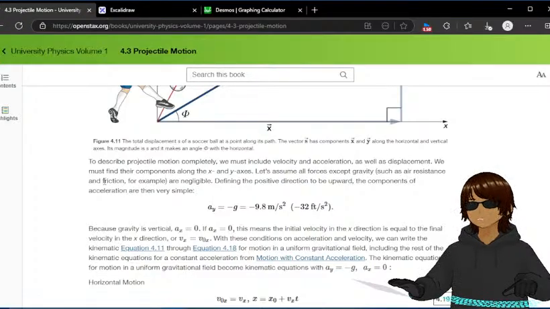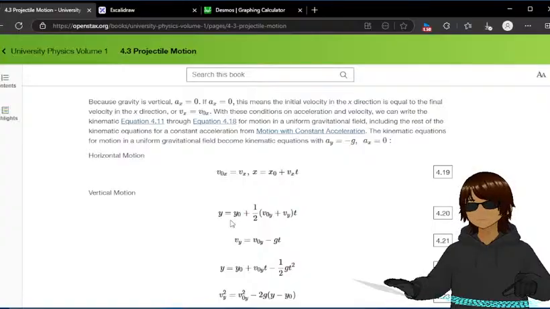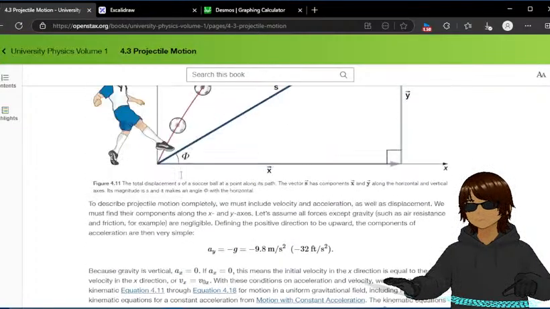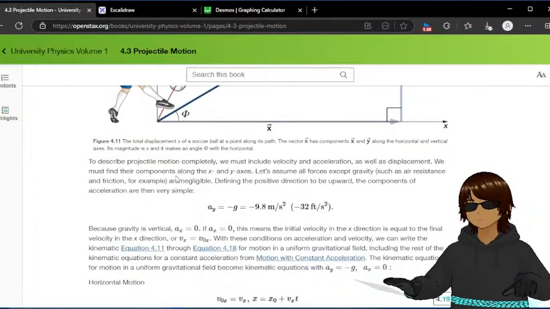Defining the positive direction to be upwards, the components of acceleration are then very simple. So ay is equal to minus 9.8. Because gravity is vertical, ax is equal to 0. This means the initial velocity in the x direction is equal to the final velocity in the x direction, or Vx is equal to V naught x.